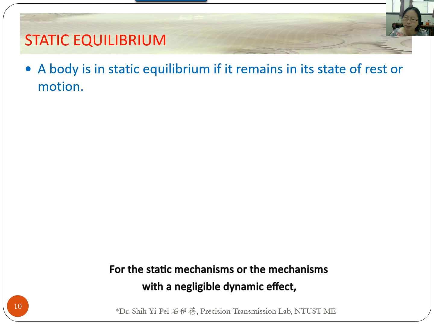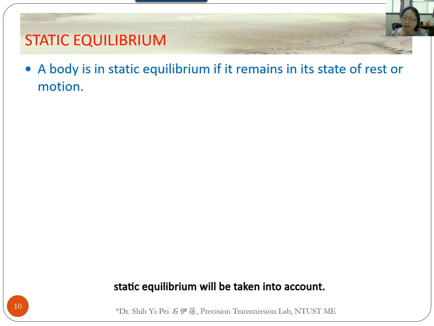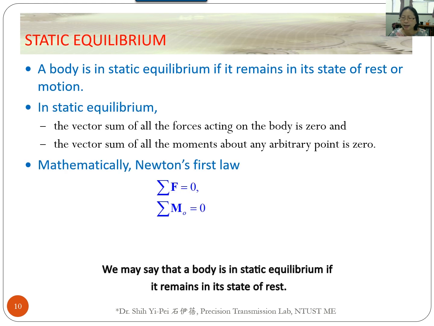For the static analysis of a mechanism with negligible dynamic effect, static equilibrium will be taken into account. We may say that a body is in static equilibrium if it remains in its state of rest.